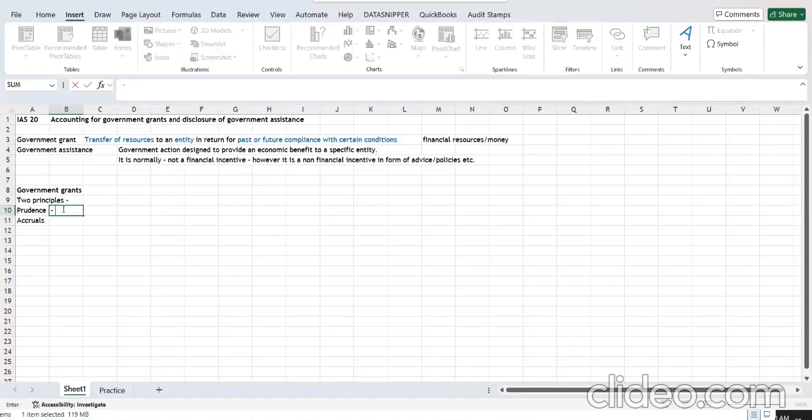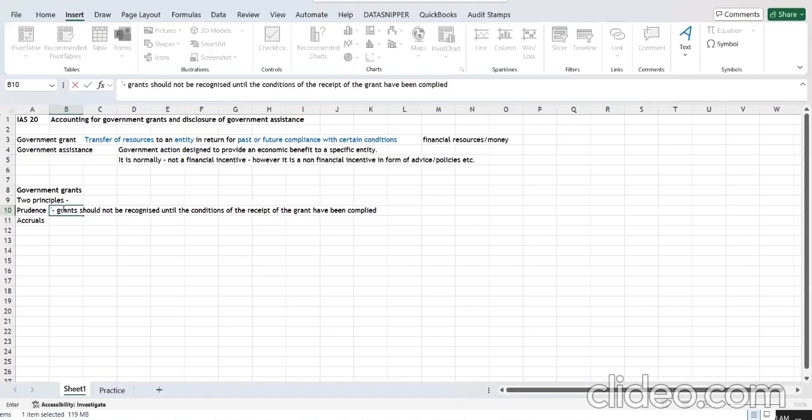So in respect of government grants, prudence concept comes as that grants should not be recognized until the conditions of the receipt of the grant have been complied with and there is reasonable assurance that grant will be received, right?